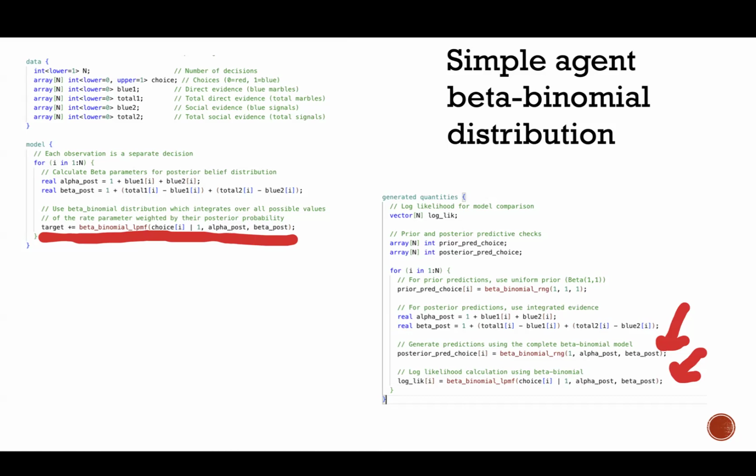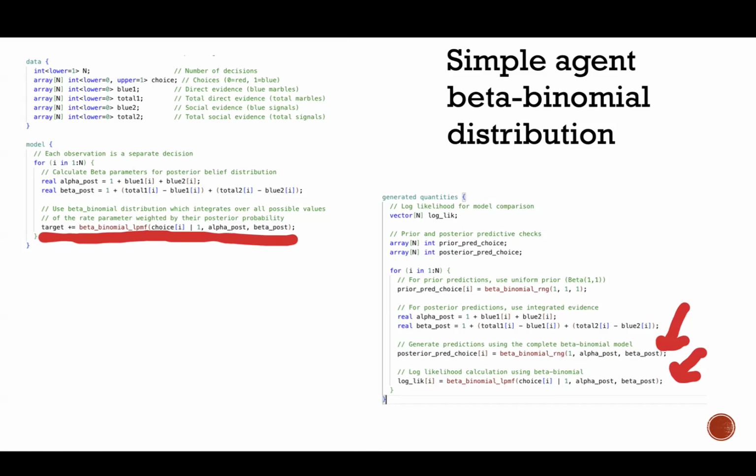And we could go through a model that says something like target plus equal beta LPDF, and then we have the rate over alpha and beta. Right?